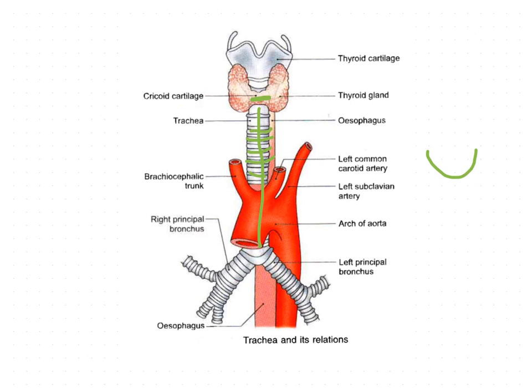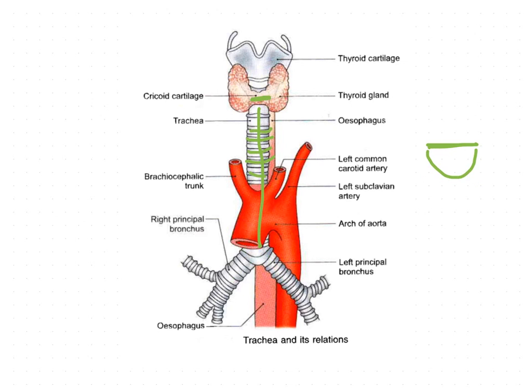These are about 16 to 20 in number and make the tube convex anteriorly as well as laterally. Posteriorly there is a gap which is closed by a fibroelastic membrane. So this C-shaped cartilage is only seen on the anterior as well as the lateral sides. Posteriorly this cartilage is not present.